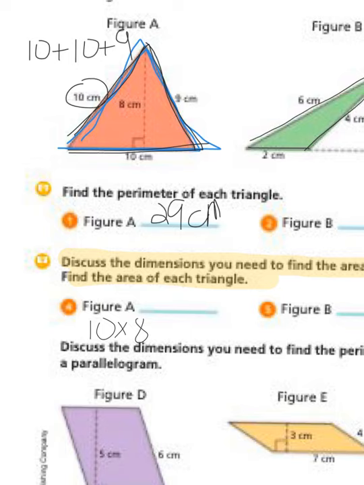And then you're also going to multiply that by 1/2 or divide by 2. So I'd get 80 divided by 2 equals 40. Now this is area, so that needs to be 40 square centimeters, or centimeters squared is how most people write that.